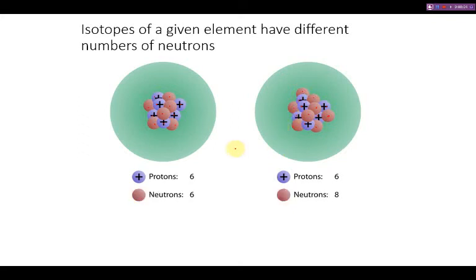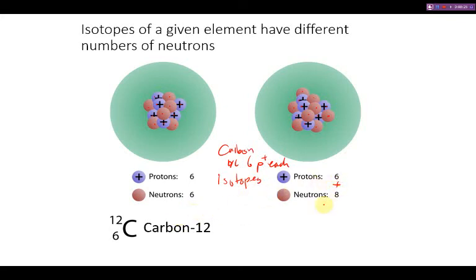So what we see then is that both of these are carbon because they have 6 protons each, but these are also isotopes because they have different numbers of neutrons. On the left, we have carbon 12, and on the right, we have a total of 14 AMU for its mass, and so that would be carbon 14.